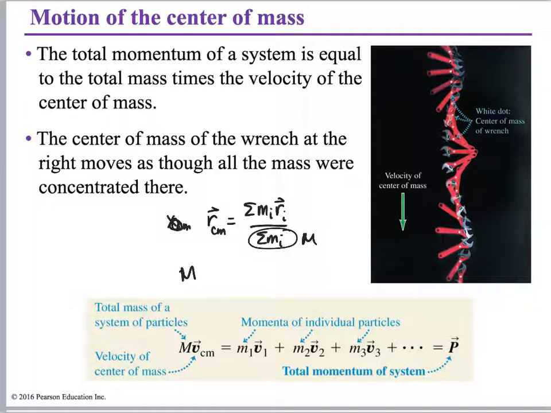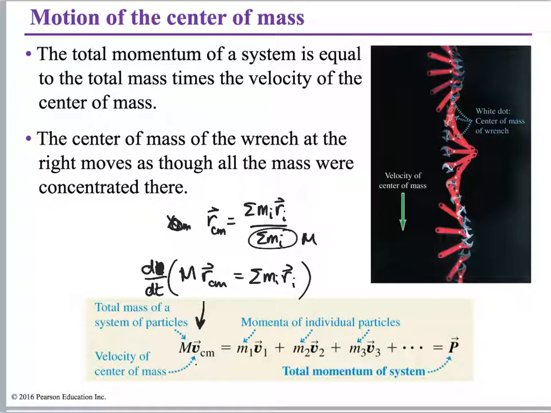I'm just rearranging this, so M times R equals the sum of m sub i r sub i. If we take the derivative of this with respect to time, we get this expression. And so we can work from the center of mass position.